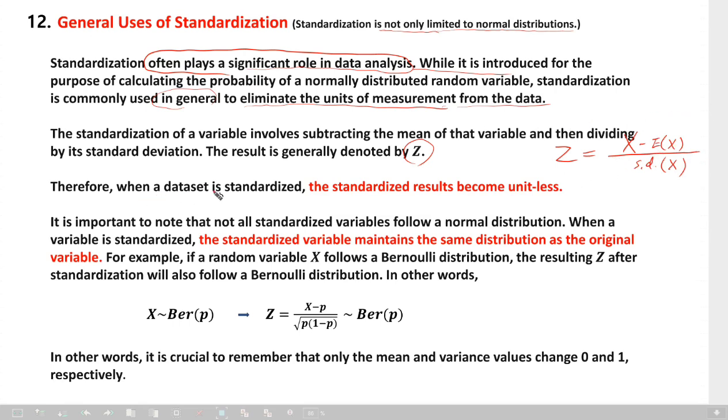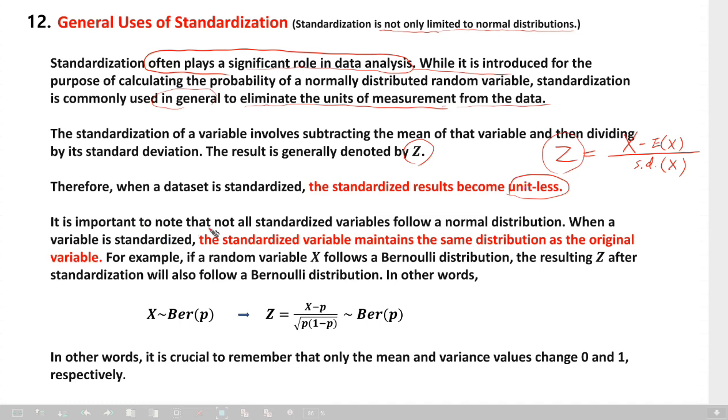Therefore, the data set becomes unitless. Every data has a unit, but if we do not want to keep that unit, we can standardize it, and we have unitless scores, unitless data, in order to compare several kinds of data, okay?